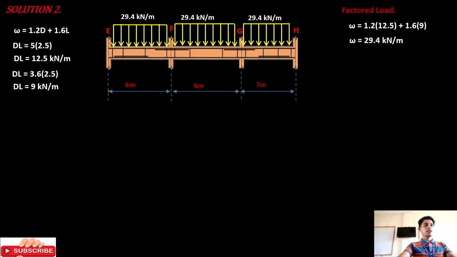So, ilagay natin yung shear and moment diagram. So, clear span. Clear span. So, dito lang.